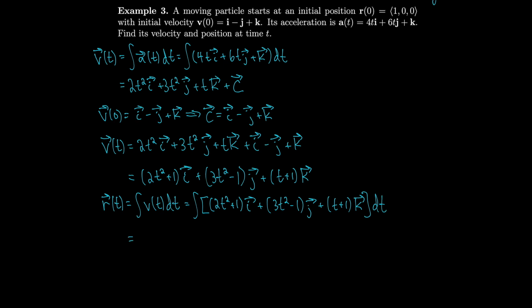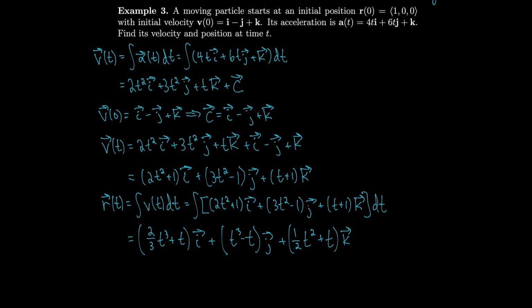And that ends up being 2/3 t cubed plus t i plus t cubed minus t j plus half t squared plus t k when we take our antiderivative.